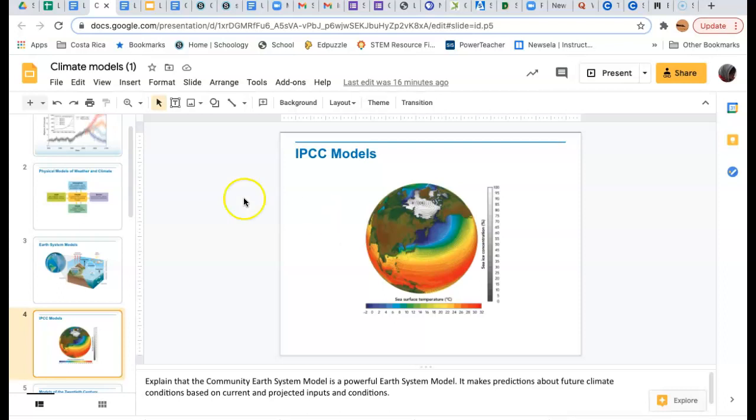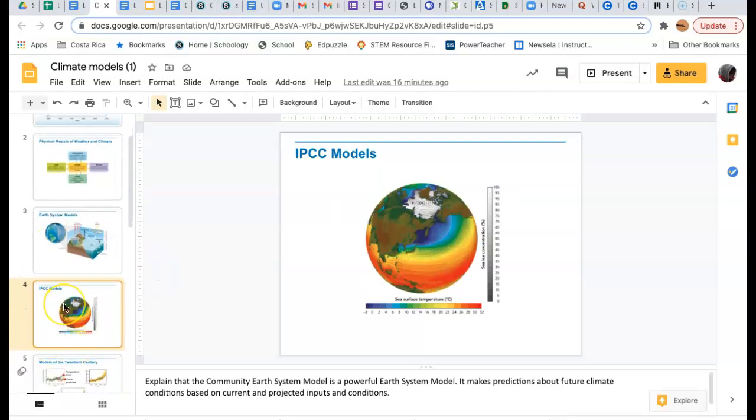So anytime you hear, especially in the scientific community, about predictions for climate change, most of the time they're talking about the IPCC models or the IPCC agency.